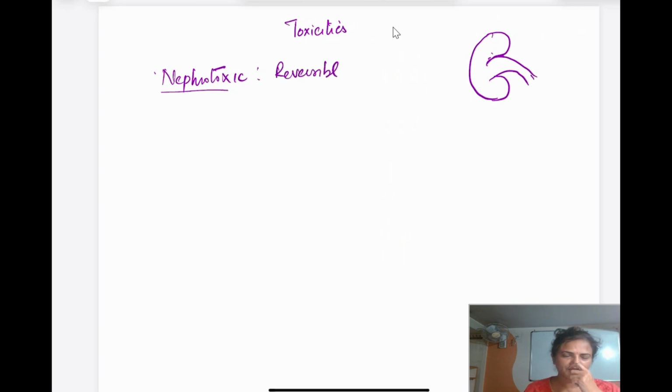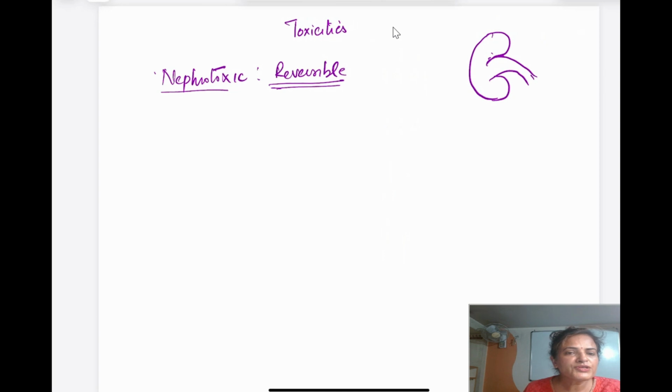If you stop the dose, the patient will recover. So any patient with renal insufficiency or renal injury, don't put the patient on this drug, and don't combine this drug with any nephrotoxic drug. Streptomycin shows the least nephrotoxicity.